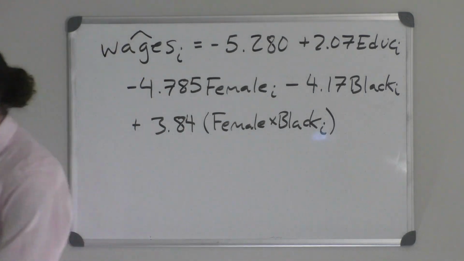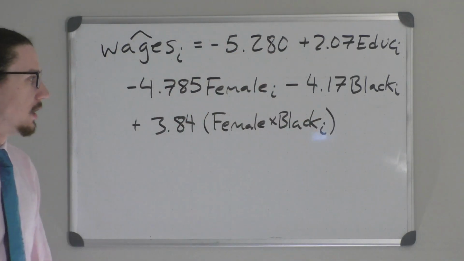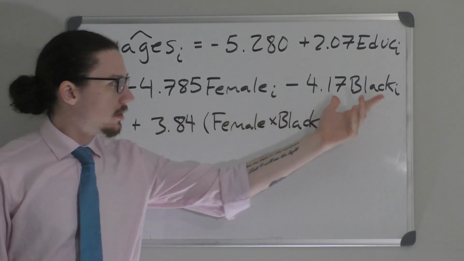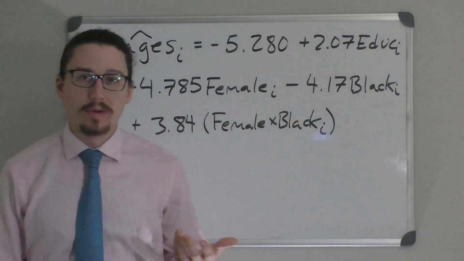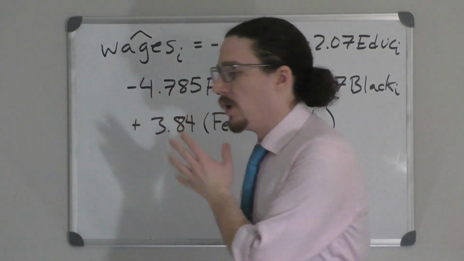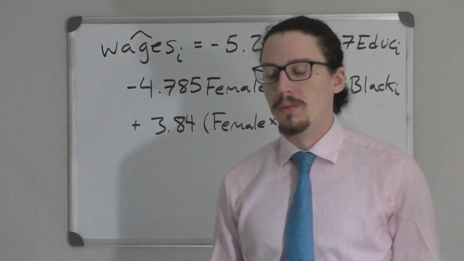Here is our estimated equation. Looks like I also took out experience. I kind of forgot until I just saw that. But this is our estimated equation. We're not going to read it out. But again, we've got this term for female, we've got this term for black, and we've got this term for black females, the interaction term.